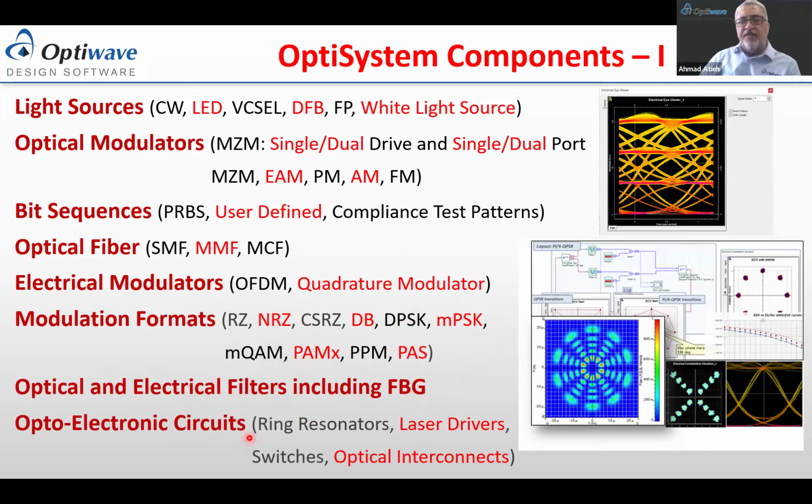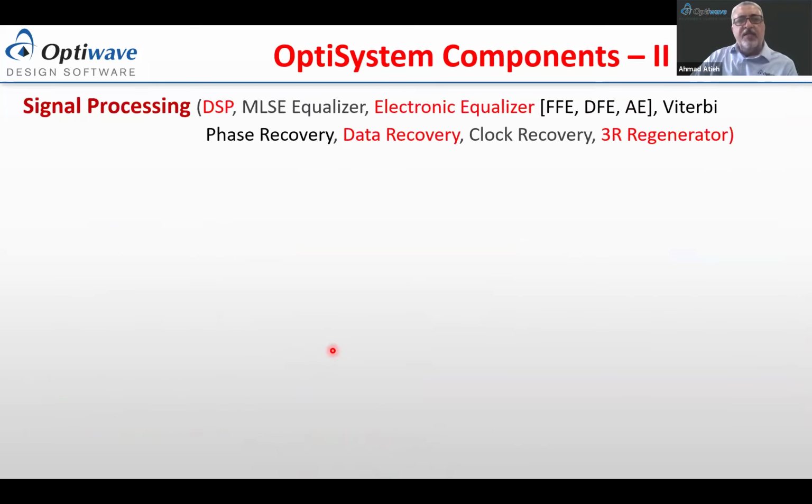Electro-optic circuits, there are different types of circuits that can be designed in collaboration with OptiSpice software. So you can have laser drivers as well as designs for ring resonators and optical interconnects. There is signal processing. We have a sophisticated DSP component, which has lots of models to do different compensation in your system.